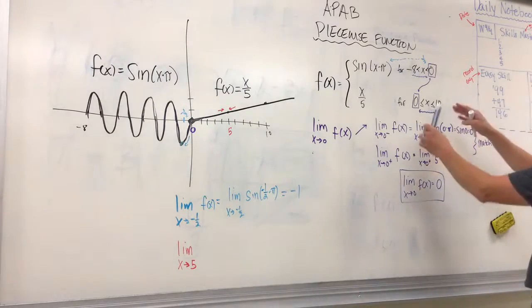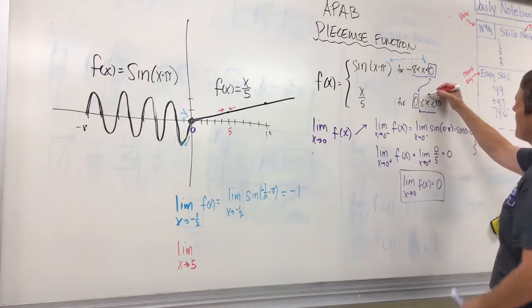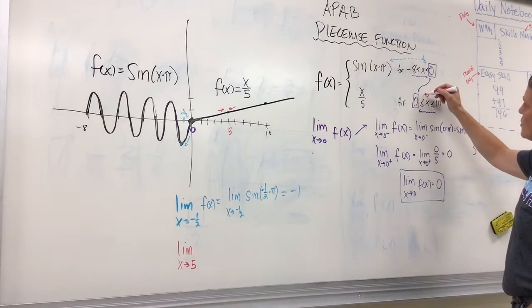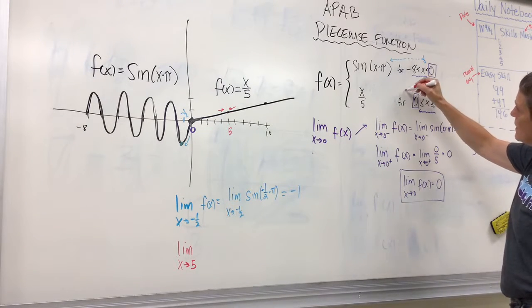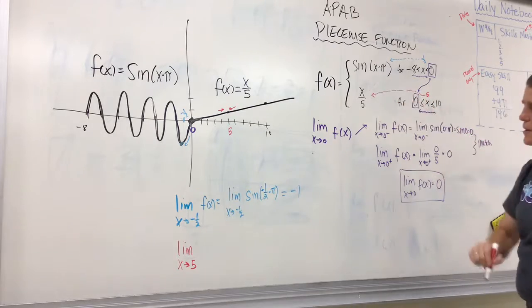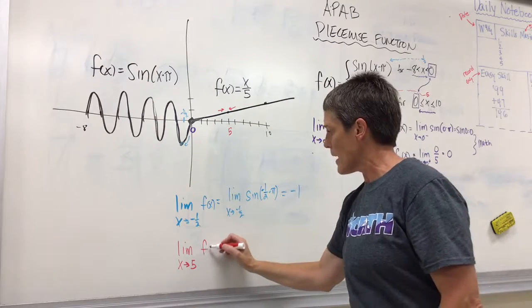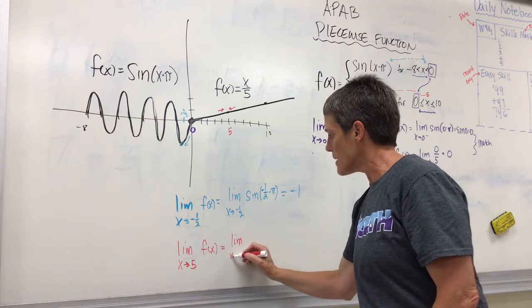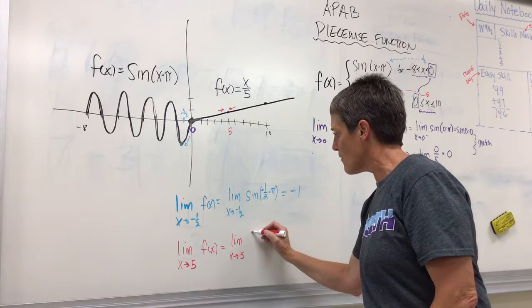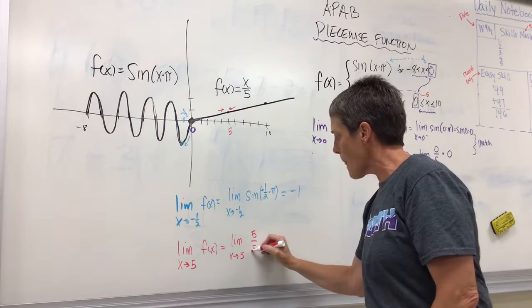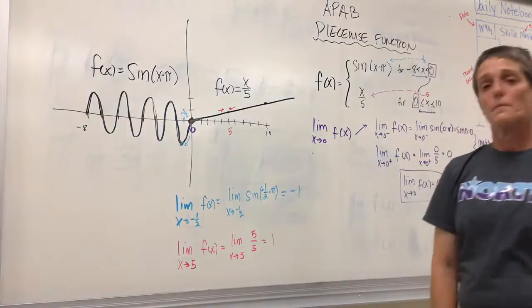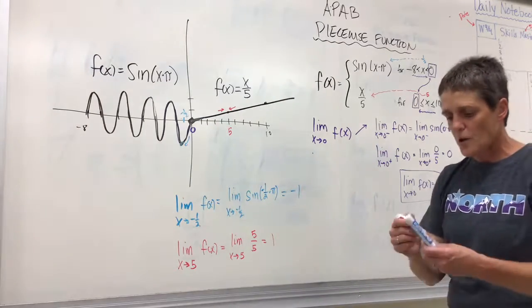In that case, the way we see that algebraically is that 5 is in that domain, and that domain is on that function. So the limit as x approaches 5 of f of x is going to be the limit as x approaches 5 of 5/5, because I'm going to put the 5 in for x, and that is going to equal 1. So the answer to that question would be 1.